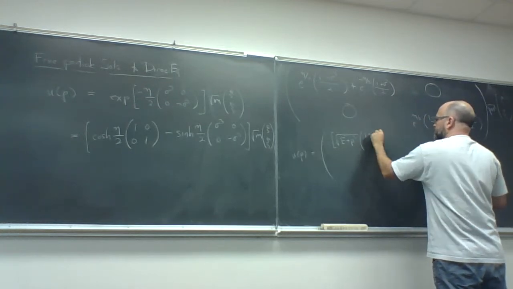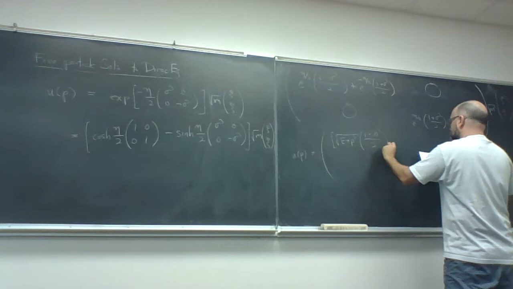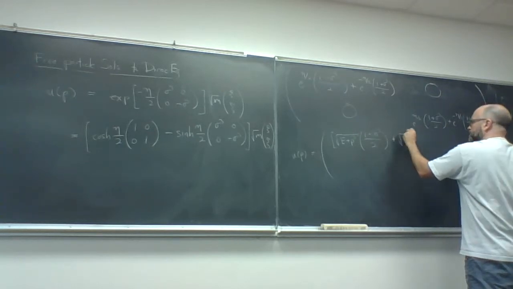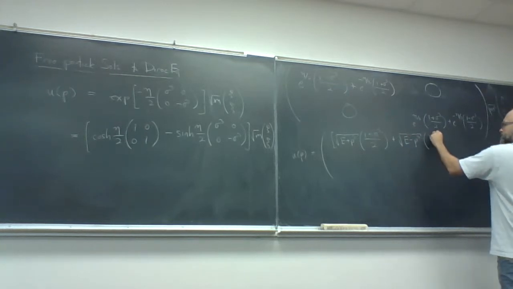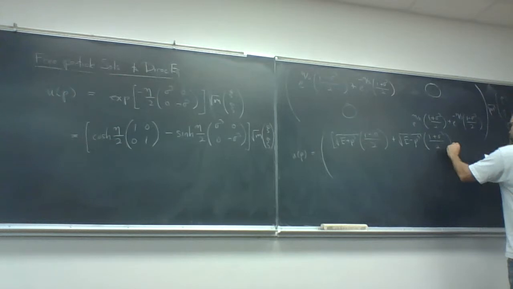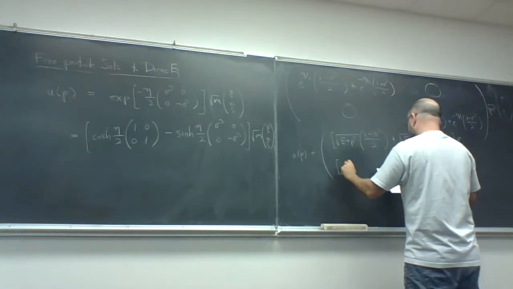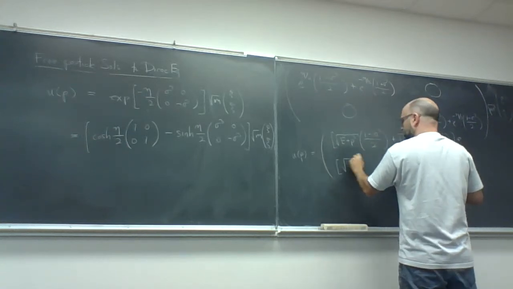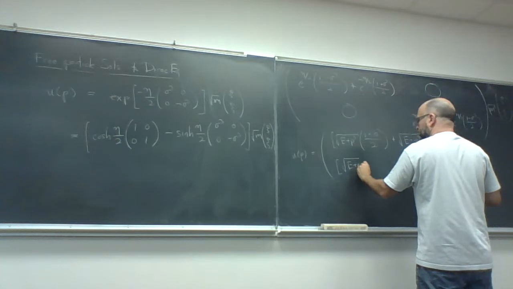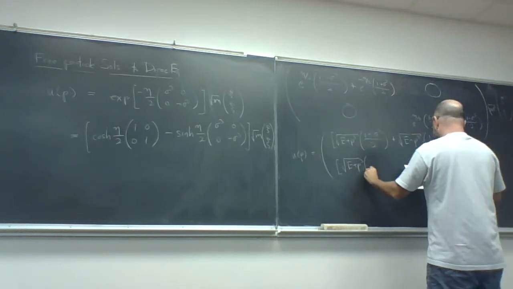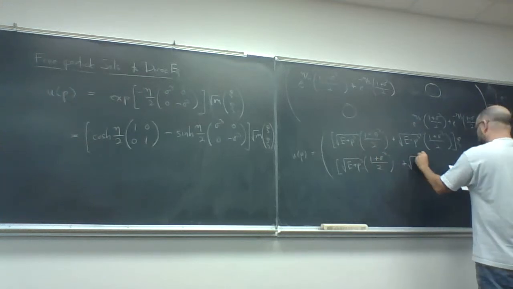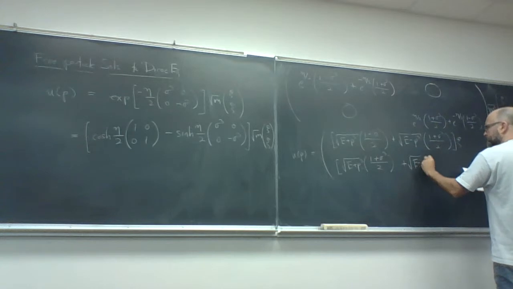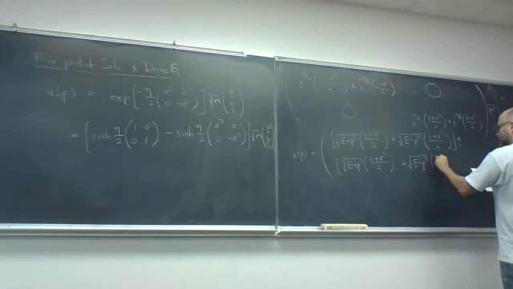So this is 1 minus sigma 3. This is plus square root of E minus p3, 1 plus sigma 3, 2 c. The other part is plus square root of E plus p3, 1 plus sigma 3, 2, square root of E minus p3, 1 minus sigma 3.